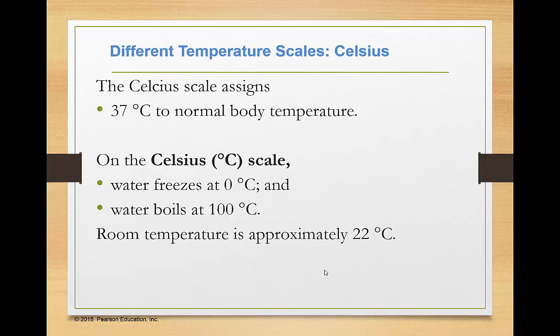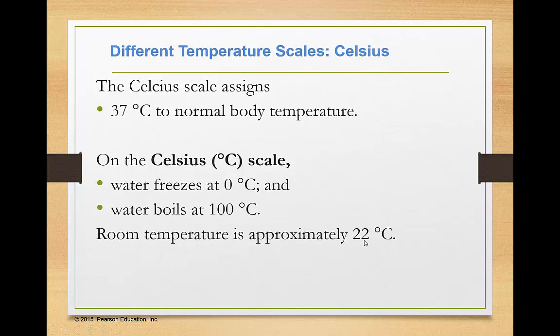Now, the other scale that you may be familiar with but not as familiar with is the Celsius scale. This is also an arbitrary scale. It was designated here that the freezing point of pure water would be 0 degrees Celsius, and the boiling point of pure water would be 100 degrees Celsius. Now, within this scale, normal body temperature is about 37 degrees Celsius. So you can see that relationship between 98.6 and 37, definitely a difference there.